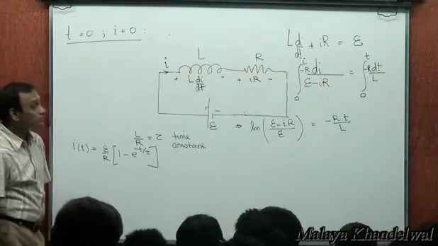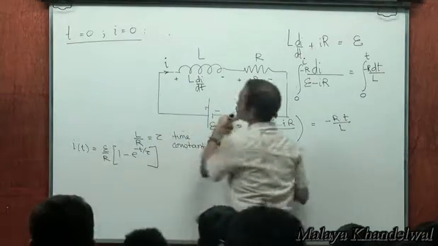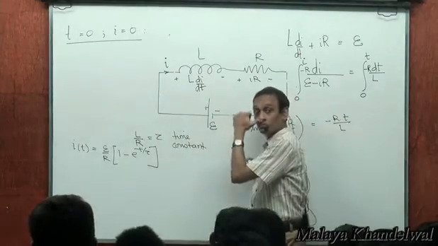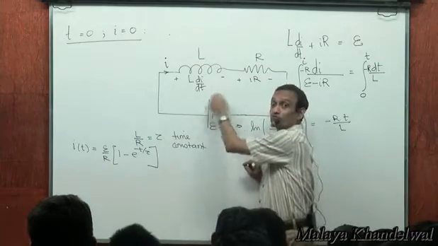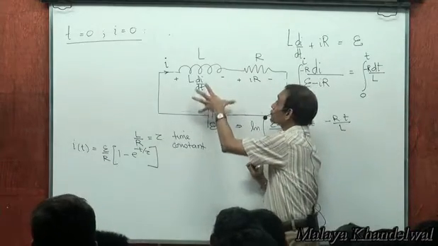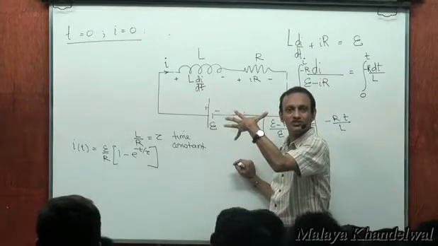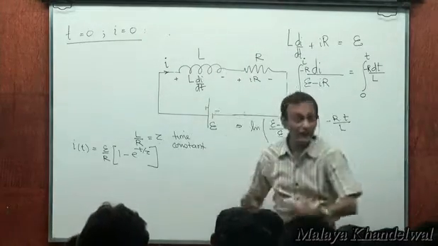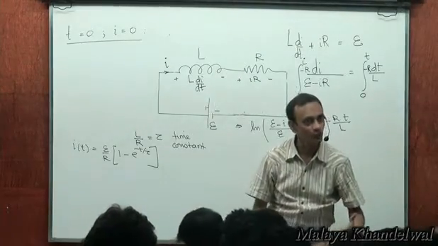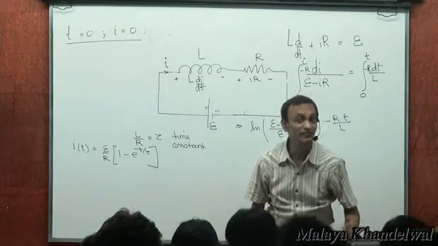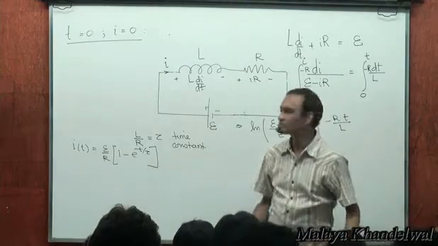That means when I activated the switch at time t equal to 0, there was no current at that instant of time, which means L must have behaved like infinite resistance, yes or no? L must have behaved like infinite resistance.